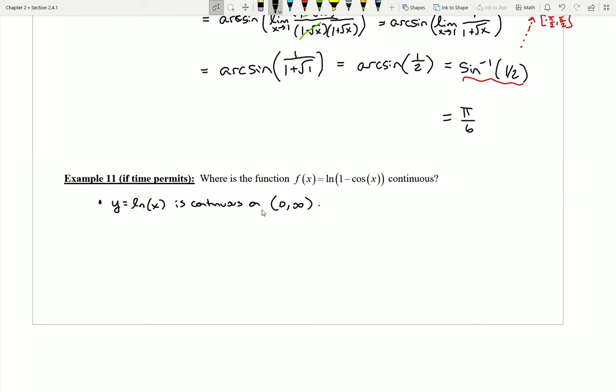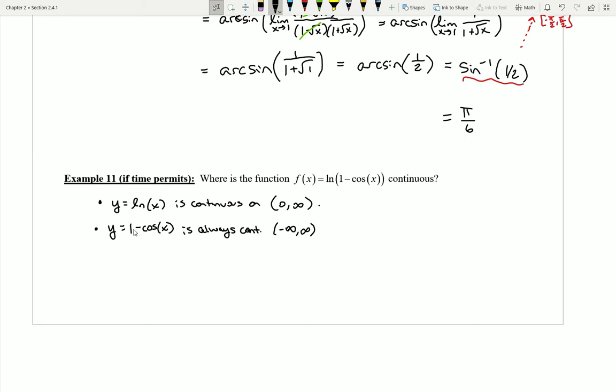Remember that you can't use any negatives inside of a natural log, or really any logarithm, and you can't use 0. So only things that are positive. We can also say that y equals 1 minus the cosine of x is always continuous. So we're working there with the interval of negative infinity to infinity.